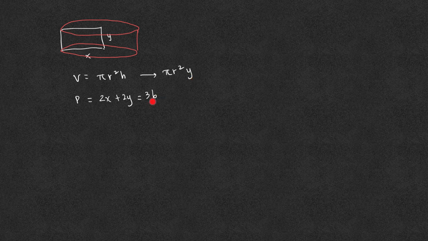The relationship between x and y is that 2x plus 2y is 36, so x plus y is 18. Y is therefore 18 minus x, so the volume is now updated to pi r squared times 18 minus x, which means we will need to rewrite r in terms of x.